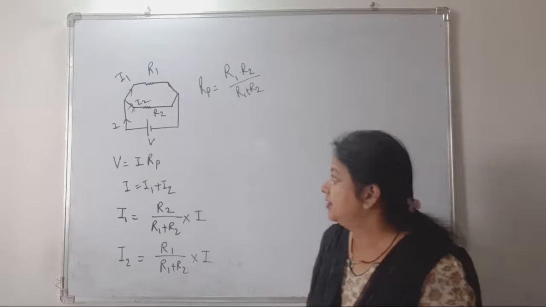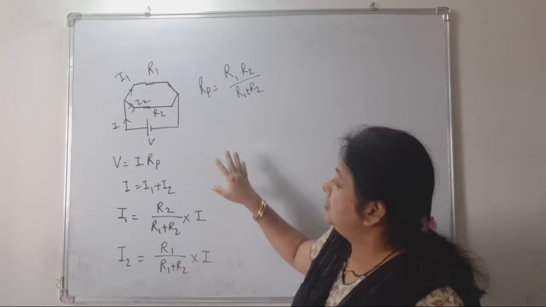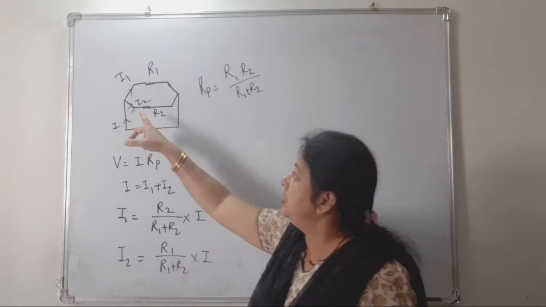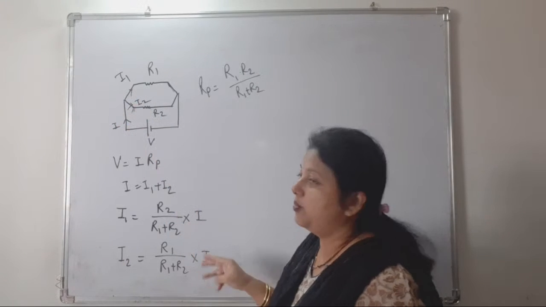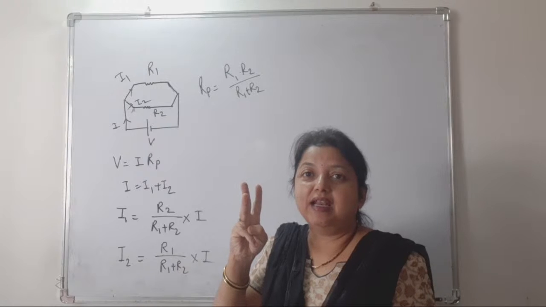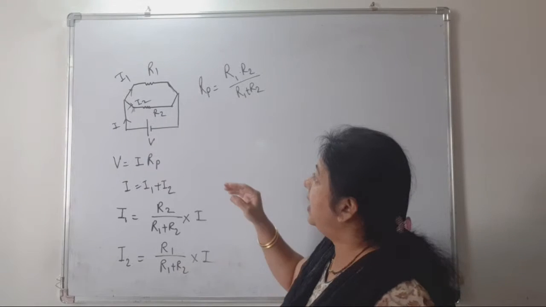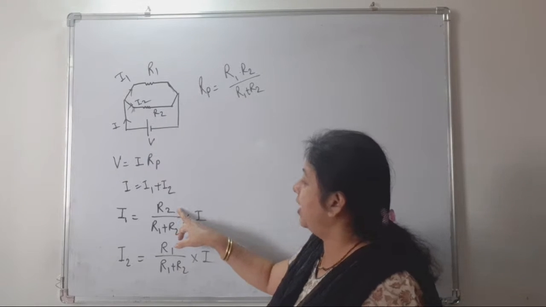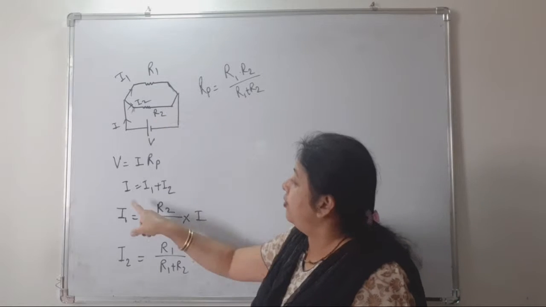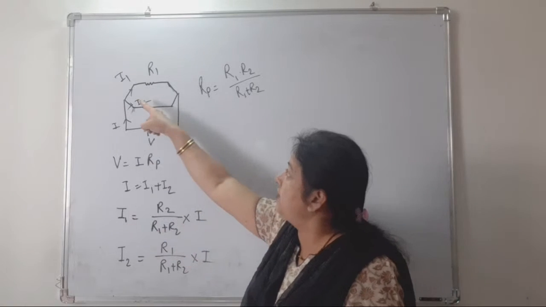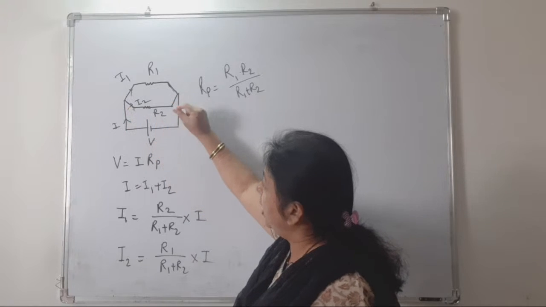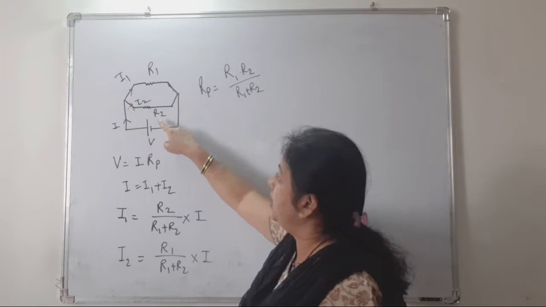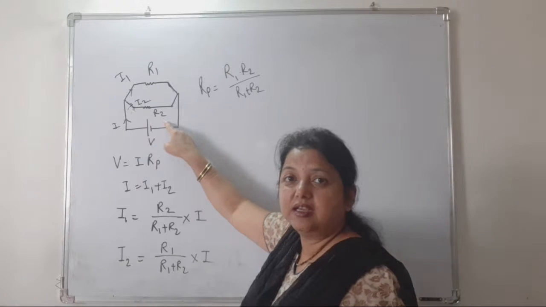Now this one is a simple current division. Current divides from this point, that's why these are the formulas. Whenever three resistances are in parallel, and we have to find the current through R1, I1, with another R3 there, we have to find the parallel combination of R2 and R3.